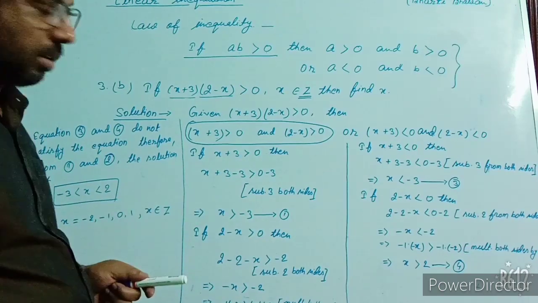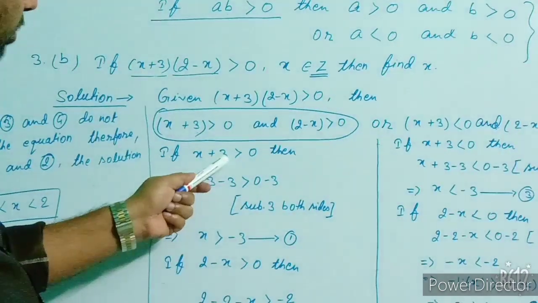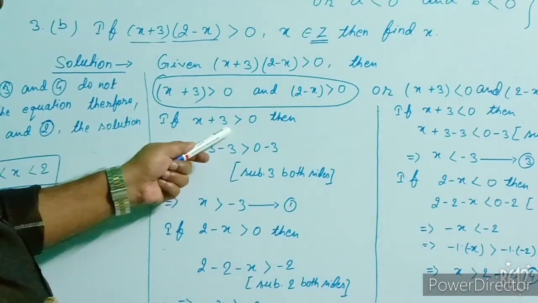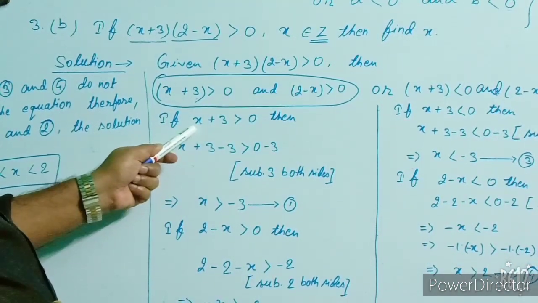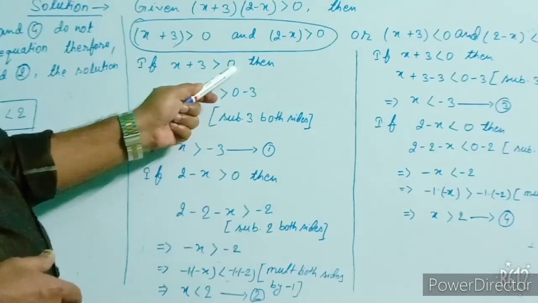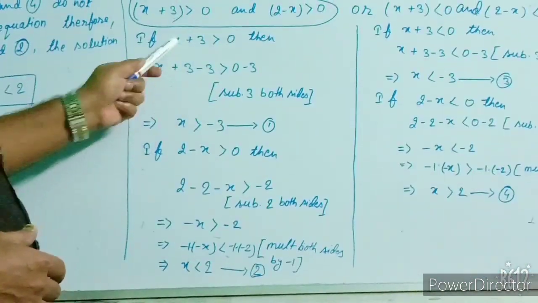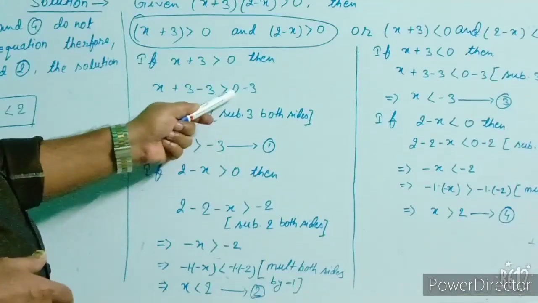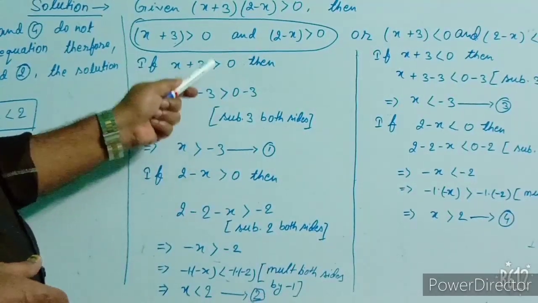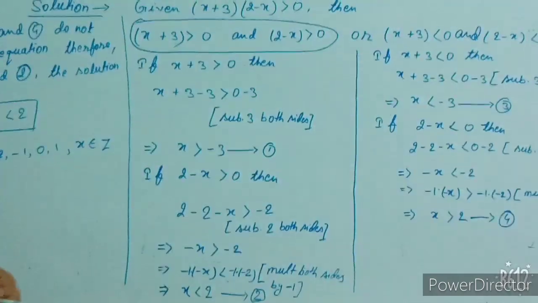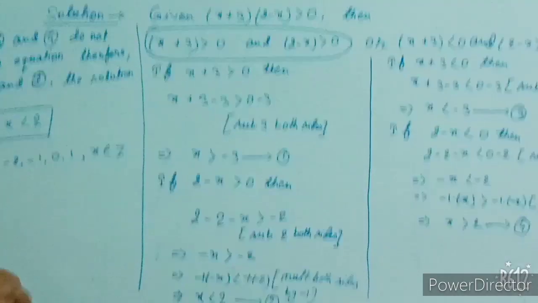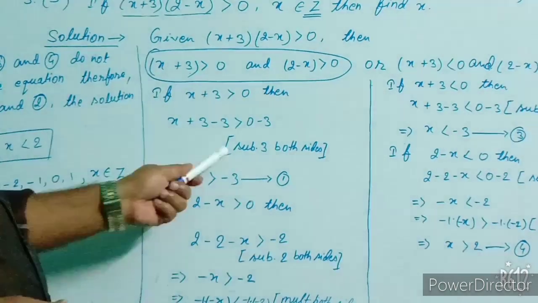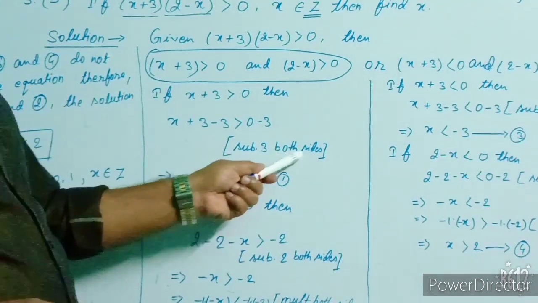We cancel it by subtracting 3 from this side; if you subtract 3 from this side, you must subtract 3 from that side also. So I wrote x plus 3 minus 3 will also be greater than 0 minus 3. The sign will not be affected because we are subtracting the same quantity from both sides. I wrote in brackets: subtracting 3 from both sides.